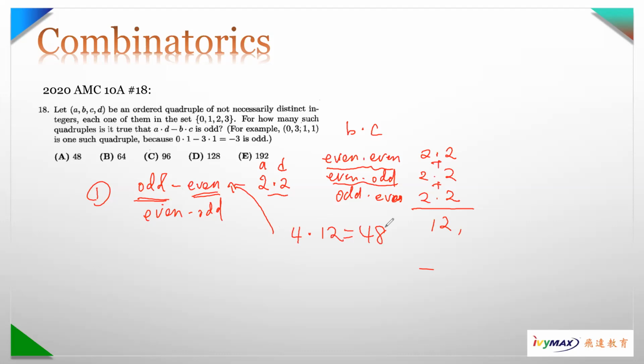Also, you need to distinguish when to add and when to multiply. Let me repeat: if it is an or between the cases, we just sum them up. But if it's and, like in this case, where A times D must be odd and B times C must be even at the same time, that is an and situation.